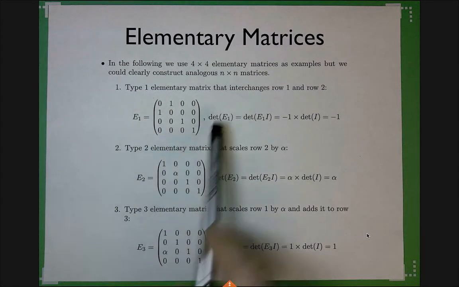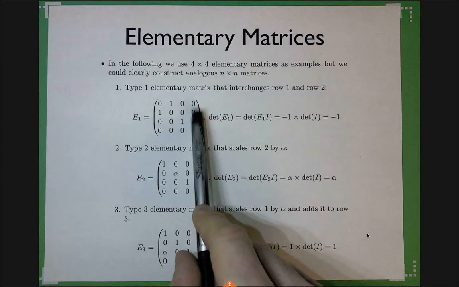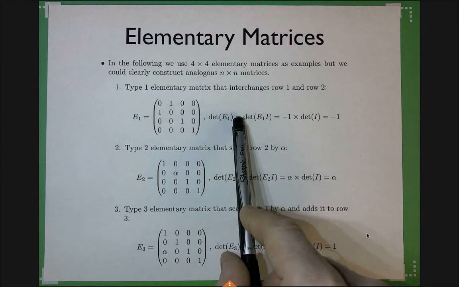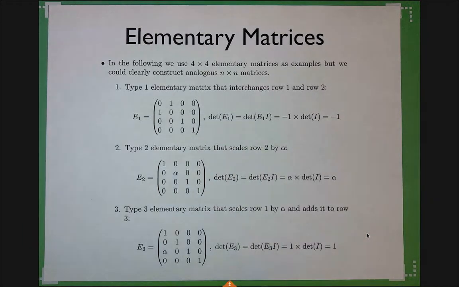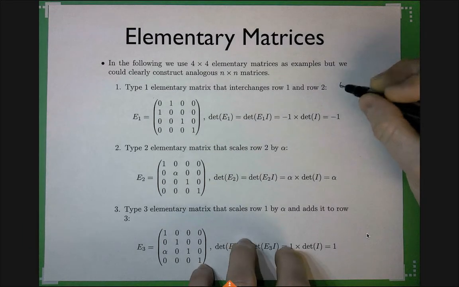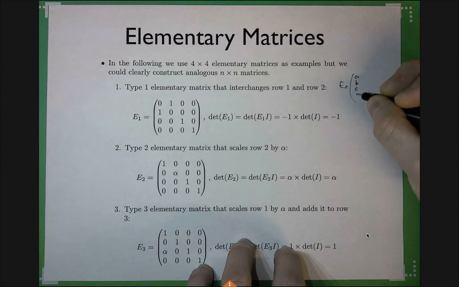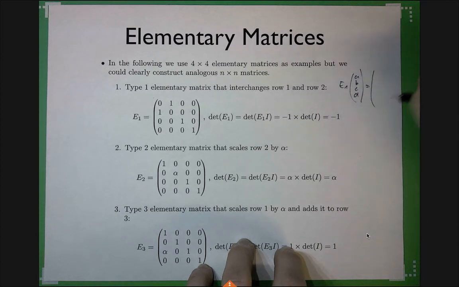Yeah, and this is swapping rows 1 and 2. That's very obvious, right? Because this is actually a permutation matrix. Do you still remember permutation matrices? If I do this E1 times the vector A, B, C, D, what do I get? I get B, A, C, D, right?